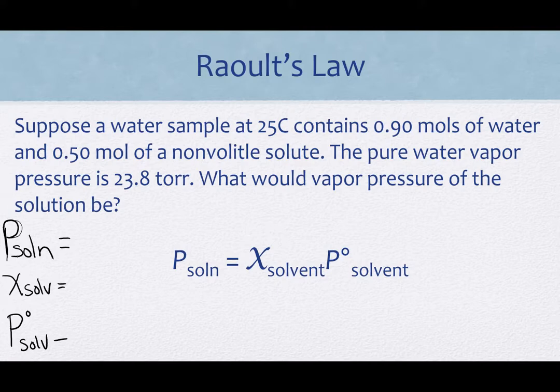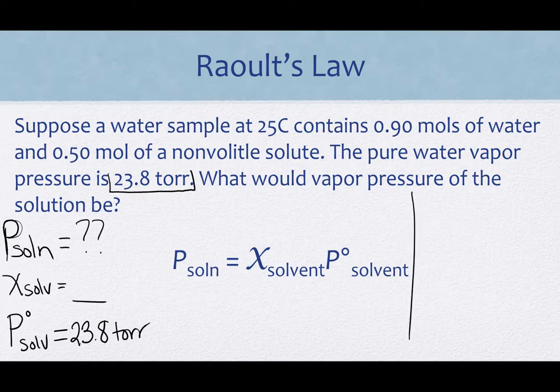So this is pressure of solution. That's what we're solving for. I'm going to jump down here to pressure of the solvent. So that one's pretty clear. So the pressure of solvent, our pure water, is 23.8 torr. And now I just need to fill in the mole fraction.